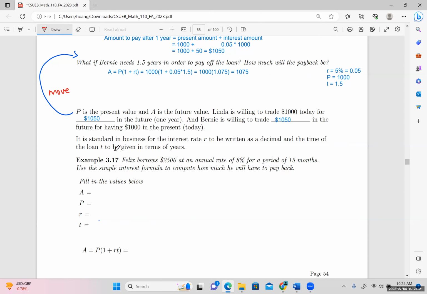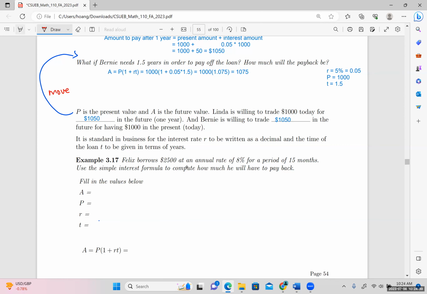All right, so now it is standard in business for interest rate R to be written as decimals and the time of the loan T to be given in terms of years.